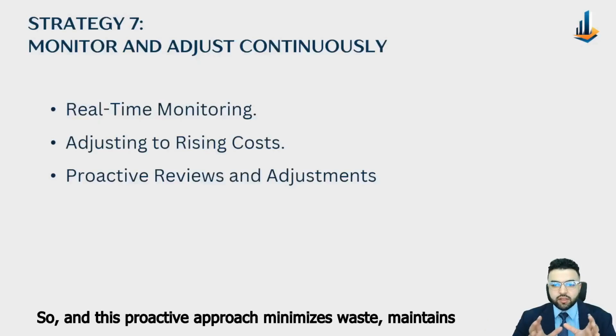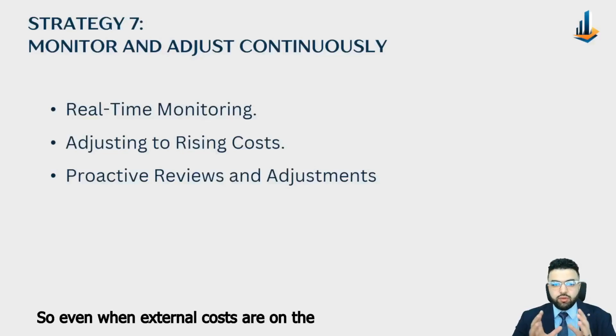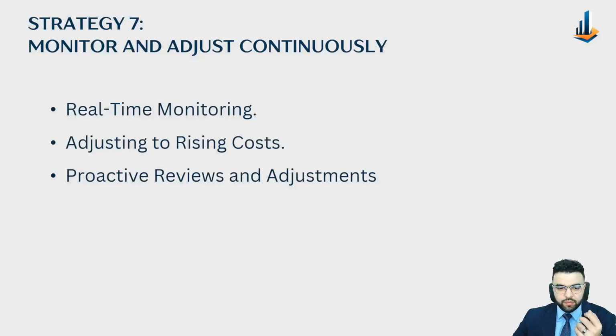This proactive approach minimizes waste, maintains consistent quality, and ultimately protects profit margins. So even when external costs are on the rise, you will still be ahead of the curve because you know what to do next. All right.